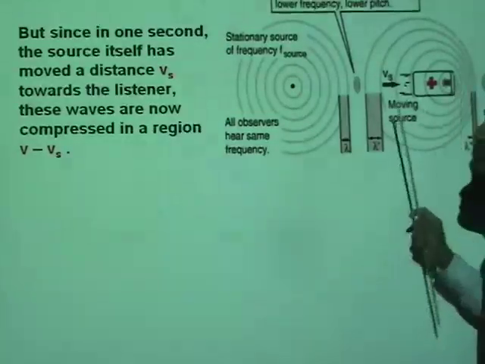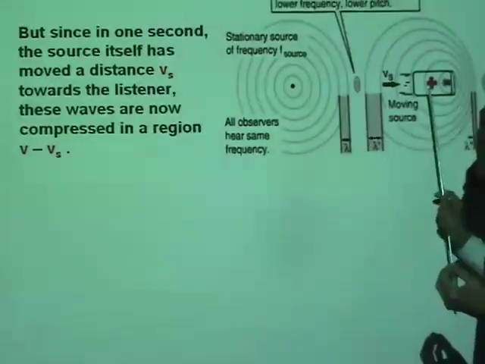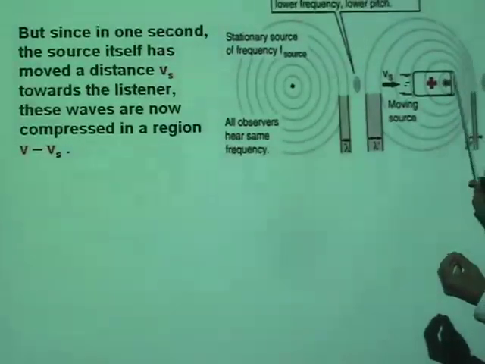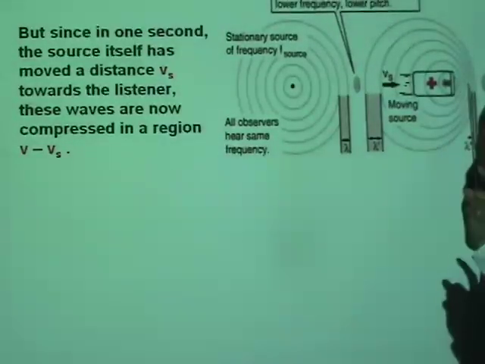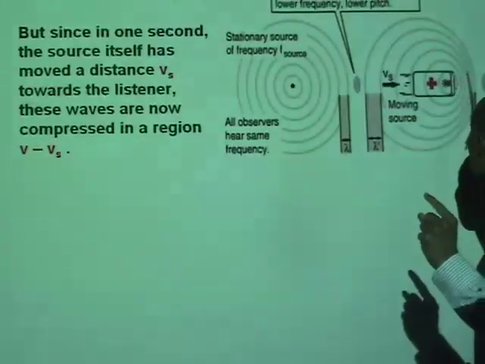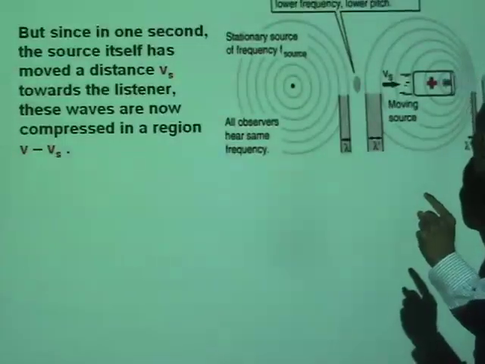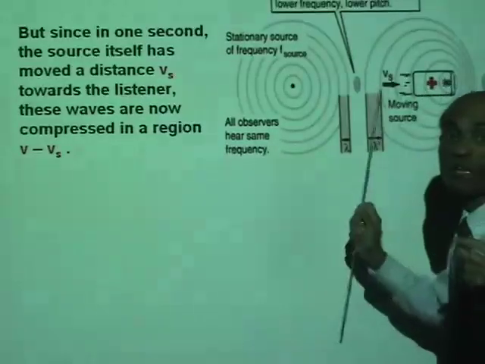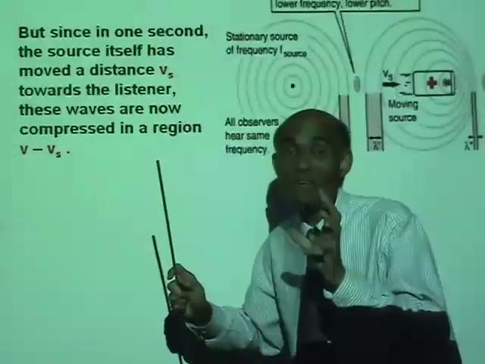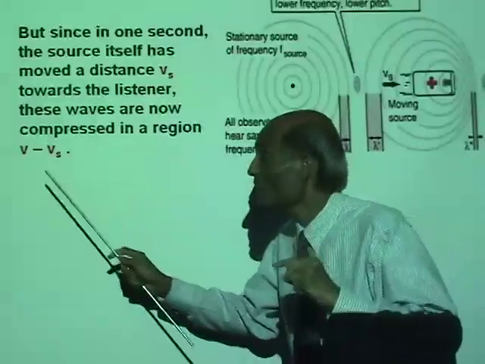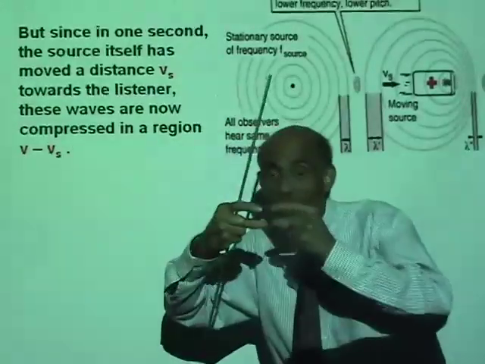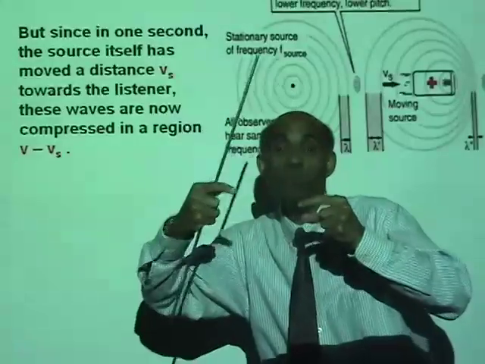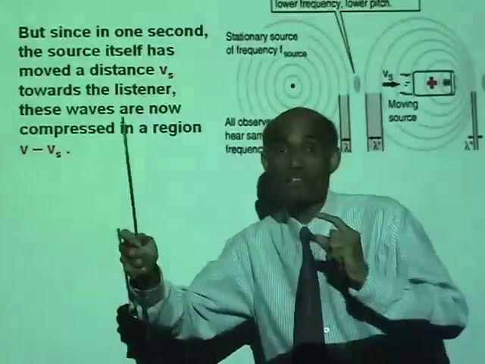Suppose we said v is the speed of sound. That means all the waves produced in 1 second, if the source is not moving, are spread in a region v, because v means so many meters per second.